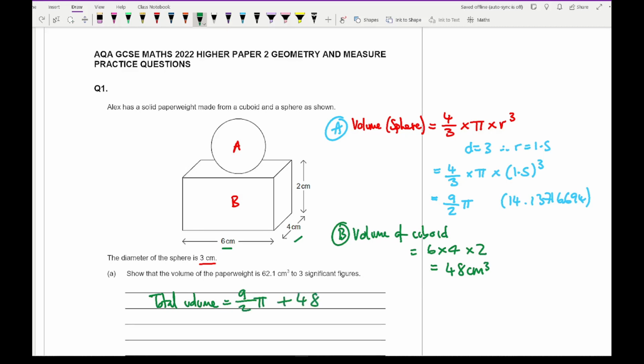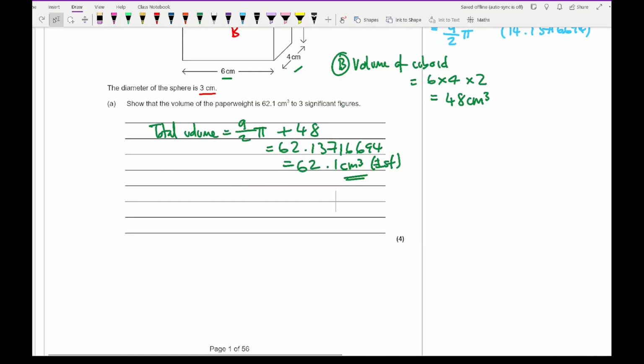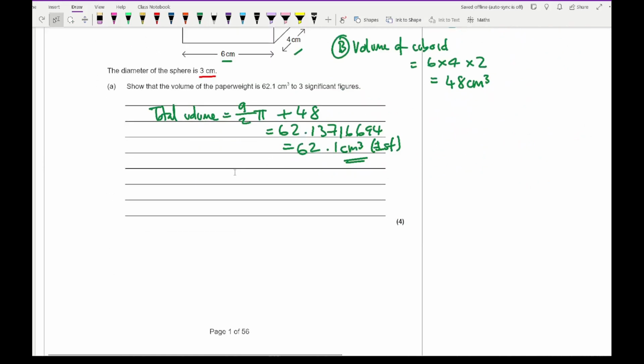And if I type that all into my calculator, I get an answer of 62.137166694. And that rounded to 3 significant figures is what they've asked me to prove. And there we go.